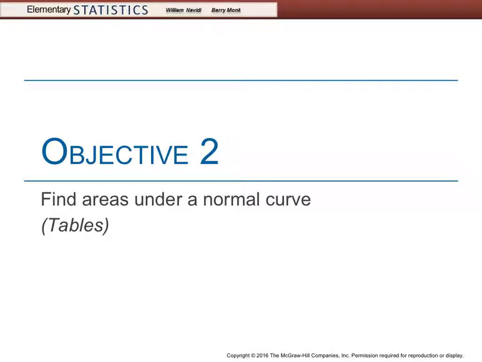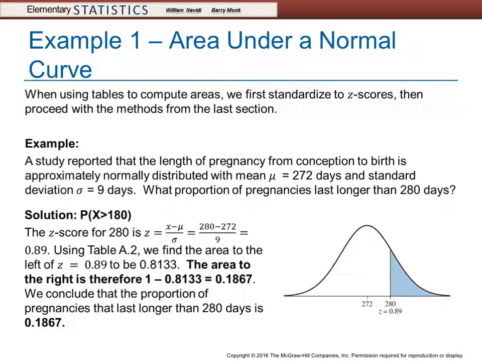So now we're going to find areas under the normal curve using our tables that we have looked at before. Always when we're using tables to compute areas, we first need to create a z-score value before we can use the table to find areas or probabilities.